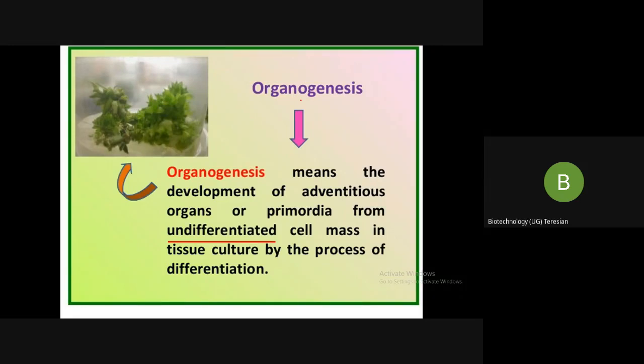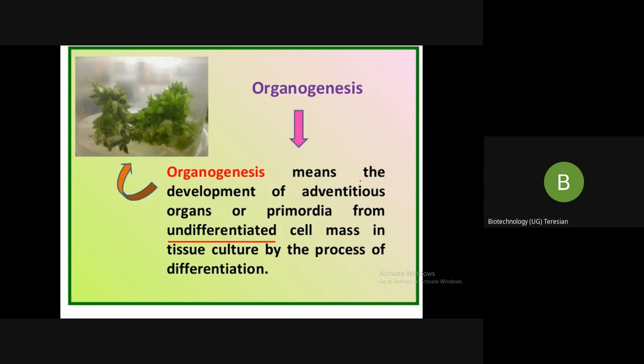So from this callus tissue, I am regenerating a whole plant. How? By providing the nutrient and by changing the hormonal constituents. And this process, wherein your undifferentiated, unorganized mass of callus, when you supply it with proper growth hormones, can develop into an organ, is known as organogenesis, or embryogenesis.